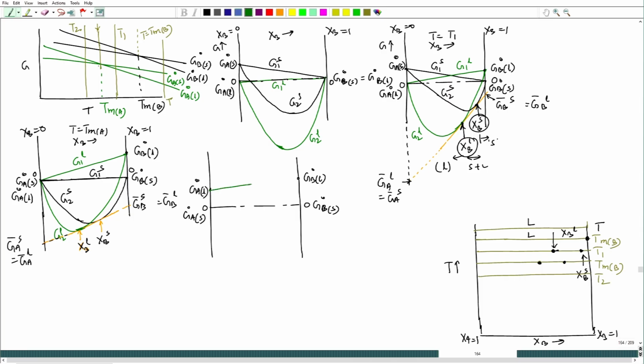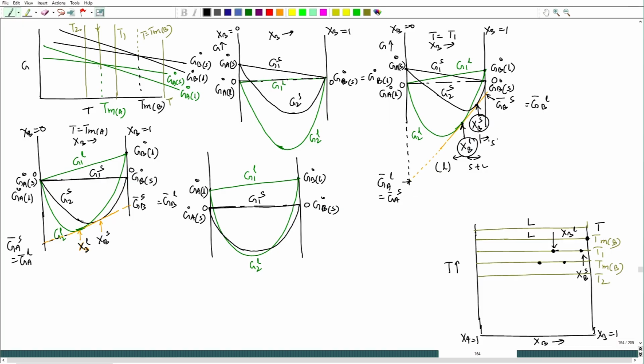This would be G 1 liquid and this is G 1 solid. Let me draw first the liquid one. Okay. This is G 2 liquid, and if I draw G 2 solid, now one interesting situation will arise. You will see the G 2 solid, when we drew it, it will start from this point.